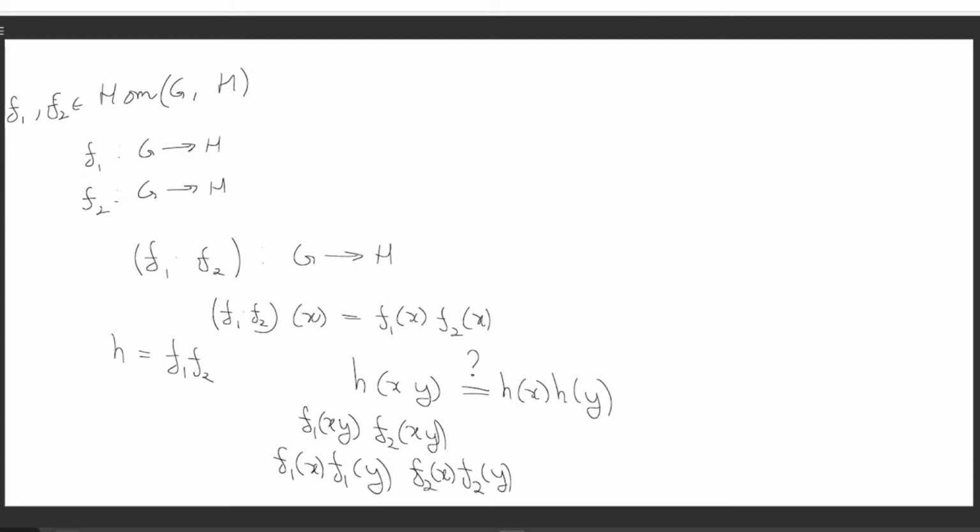Now h(x)h(y): h(x) is f1(x)f2(x), and h(y) is f1(y)f2(y). Are they equal? Why not?